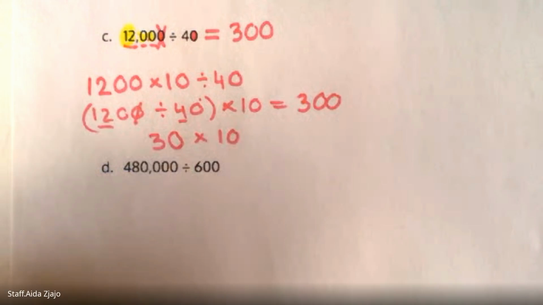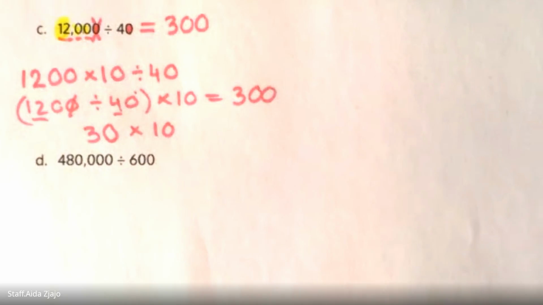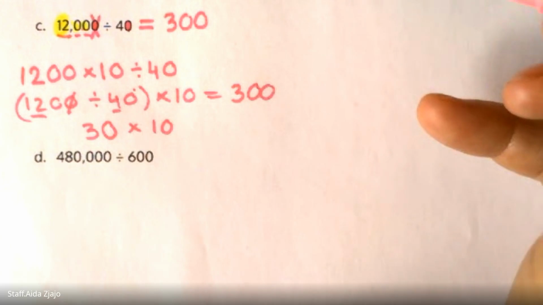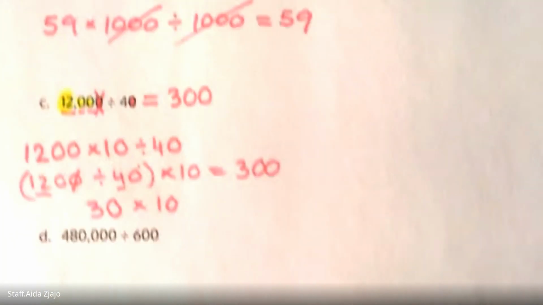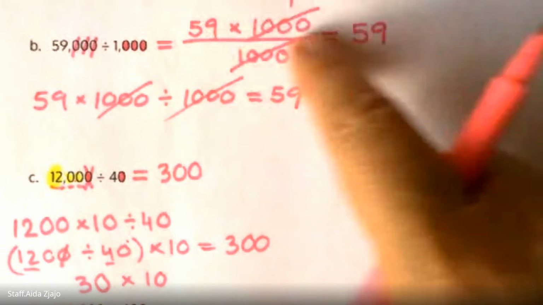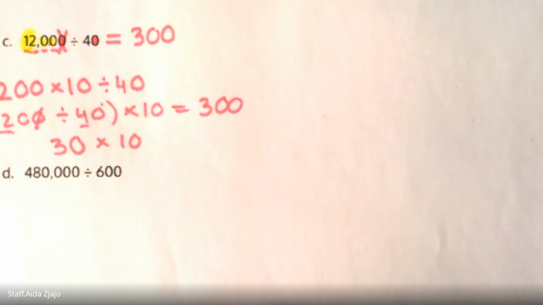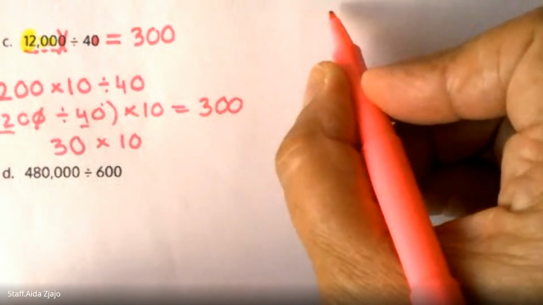That's another thinking, but sorry, too much work. Okay, how about if I try to do that with my strategy with the fraction line, because I like that the most. Ready?